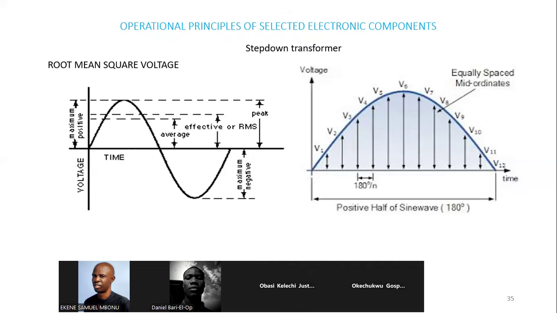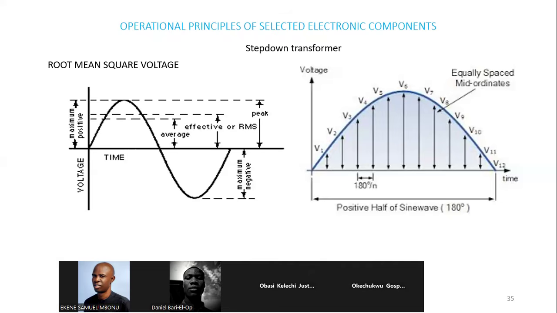Essentially, when we measure AC voltage, like what we did in the lab on Thursday, what we are actually measuring with the multimeter is not the peak value. It is the root mean square voltage we're measuring.